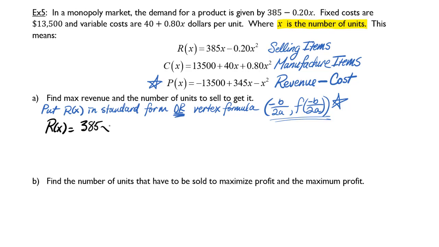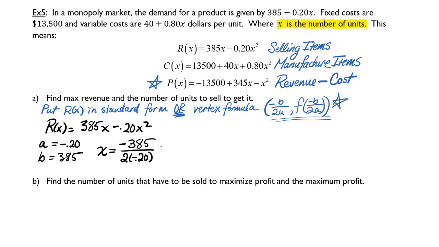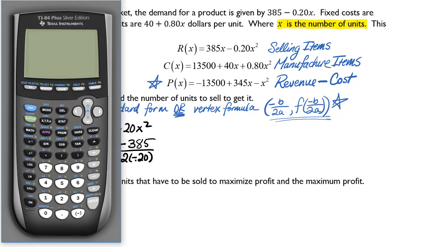So I have the function r of x is equal to 385x minus 0.20x squared. My a is equal to negative 0.20 and my b is equal to 385. So x is equal to negative b, so negative 385 all over 2a, so 2 times negative 0.20.